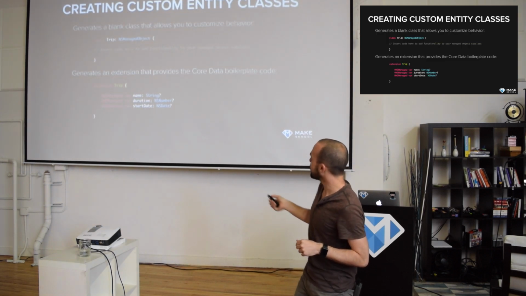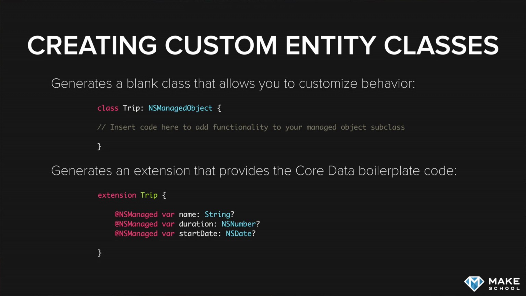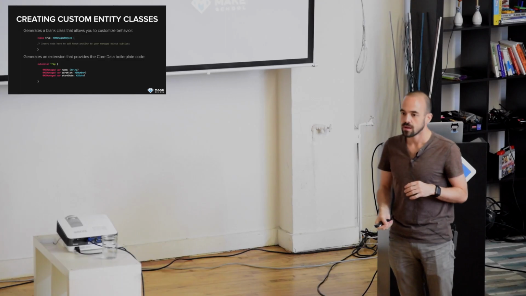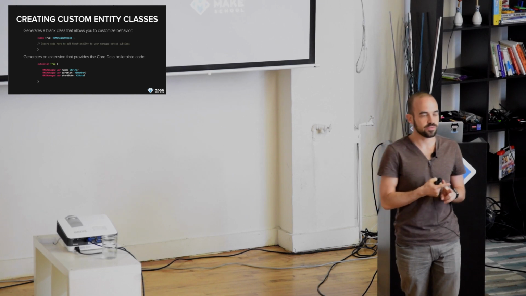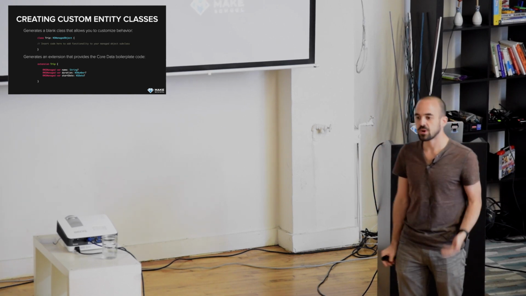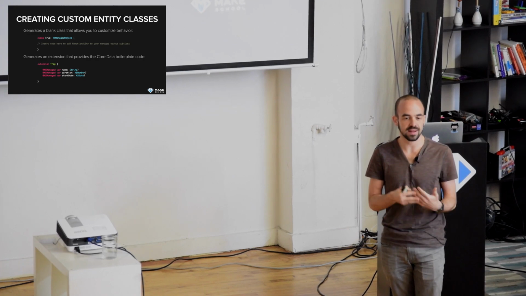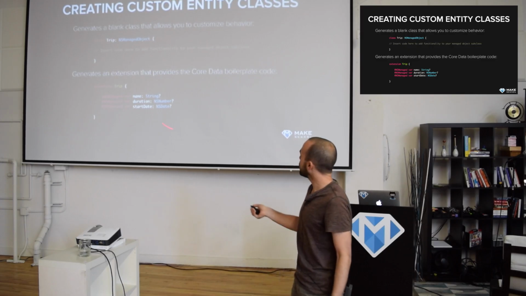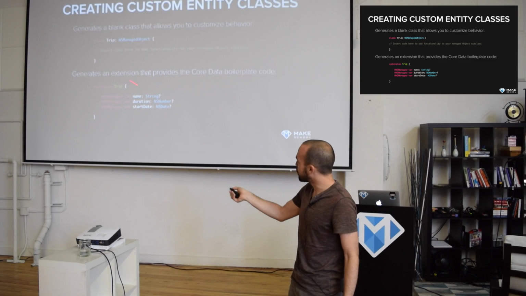The Swift files will look like that. They're typically just regular classes that subclass from NSManagedObject. And they actually create two files. The one is a subclass that is entirely empty. That's where you can add any kind of custom code that the class should have. And the other one is where the CoreData properties are created.